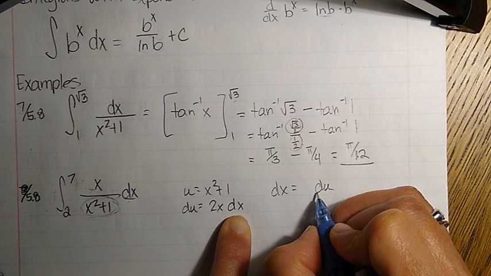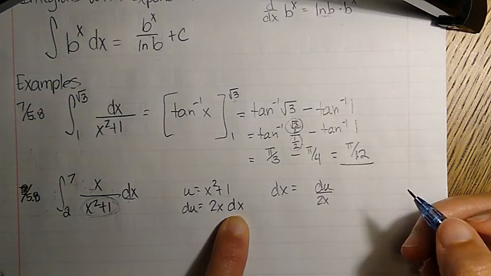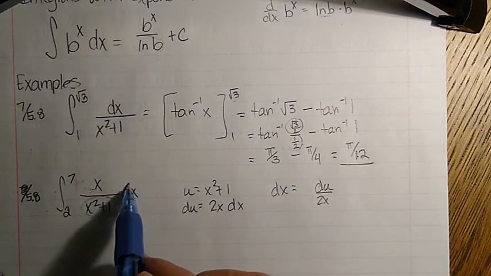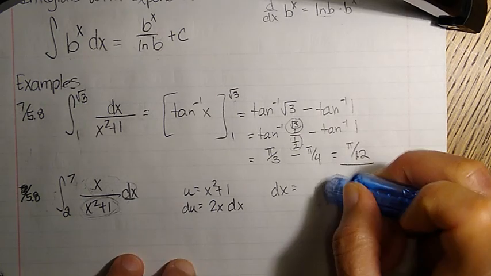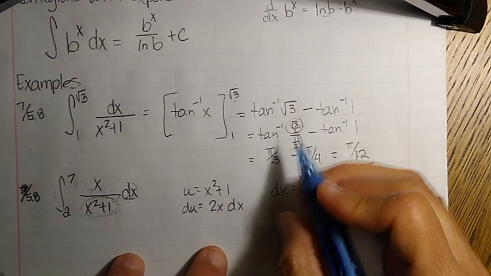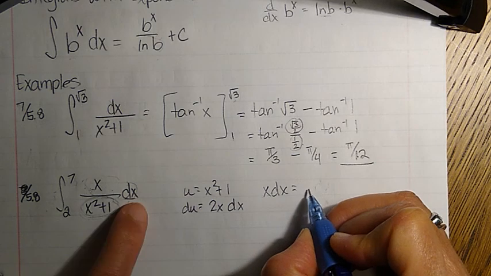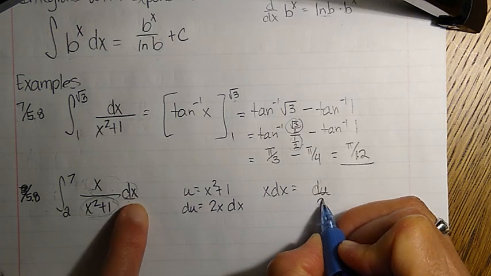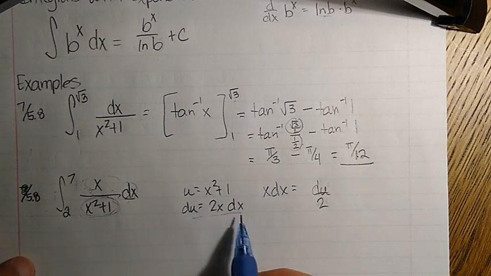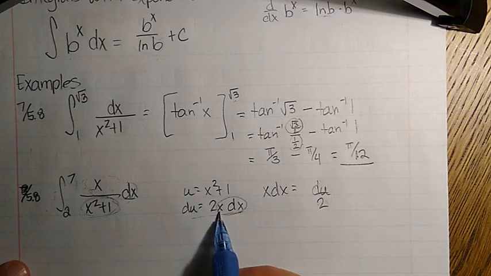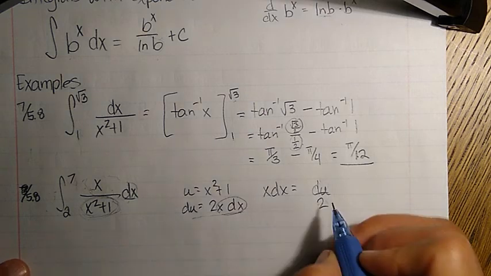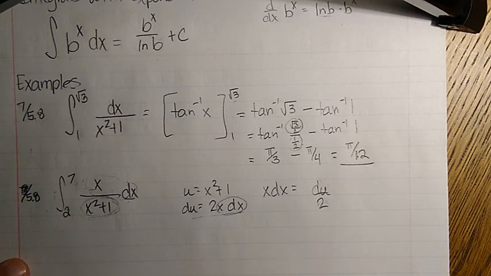Solve for this stuff right here: x dx is equal to du over 2. Taking this guy right here, x dx, and solving for that. So then I can make that substitution.